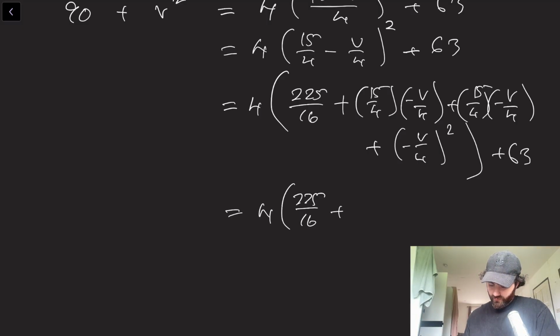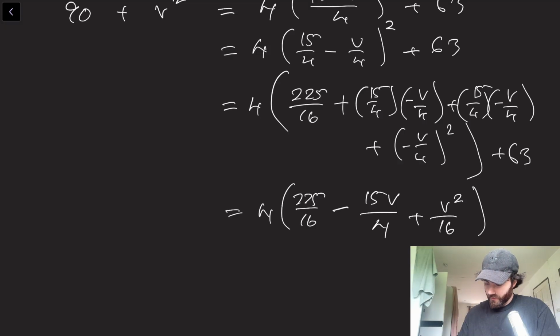Minus 15 over 8 minus 15 over 8. Yeah, so minus 30 over 8, minus 15V over 4, plus this is a V squared over 16, plus 63.